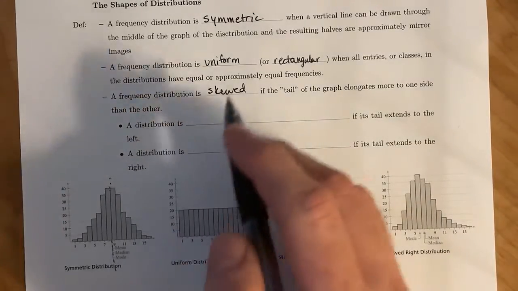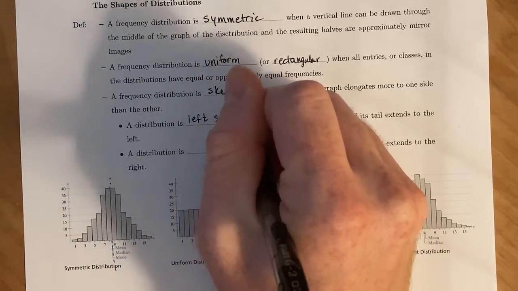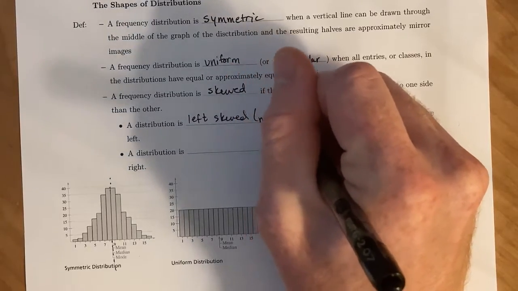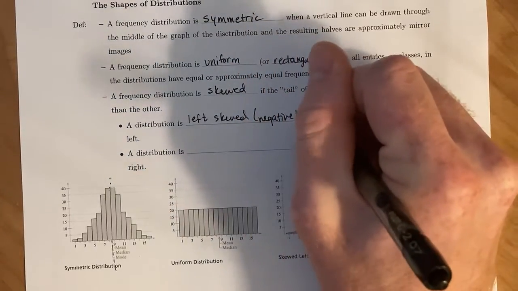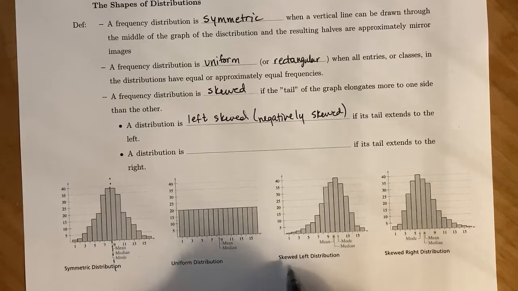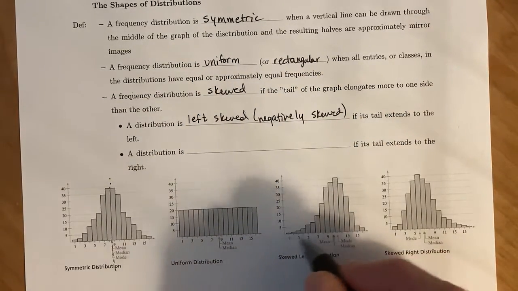Now, a distribution is called left skewed, or sometimes you'll hear it called negatively skewed, if its tail extends to the left. So this is an example of a left skewed distribution. The tail is to the left.